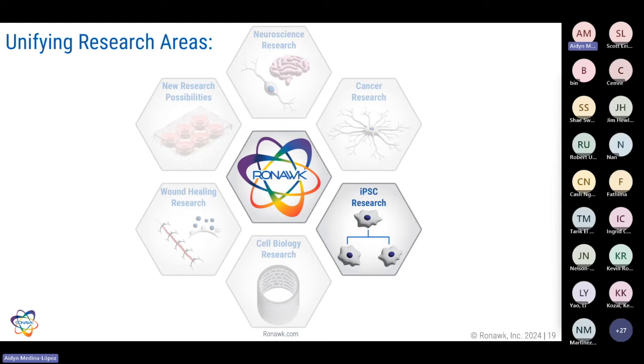Our third research area that we have been working in is iPSC research. Most of our iPSC research work has been focused on expanding the culture. And interestingly enough, I'm going to present here 3 different collaborators that work with iPSCs with the same goal, expanding that culture.